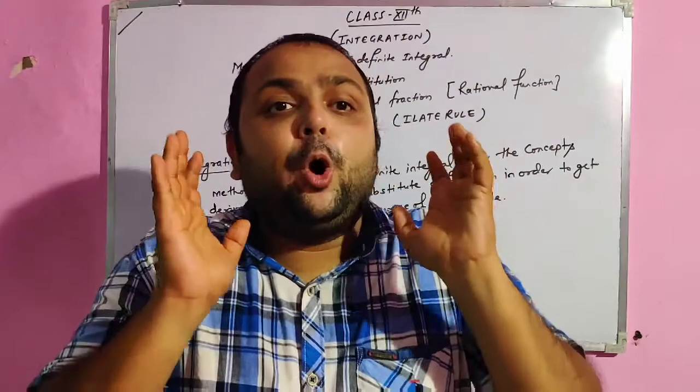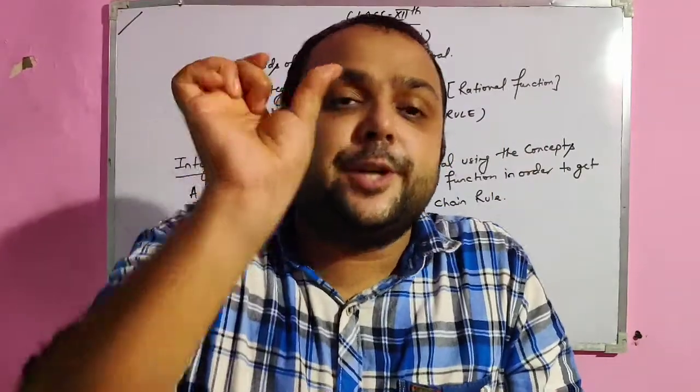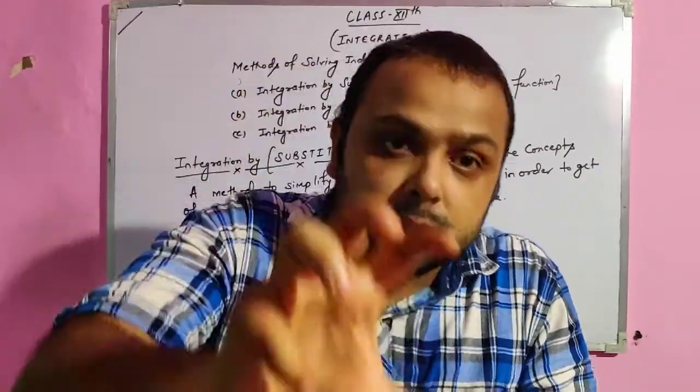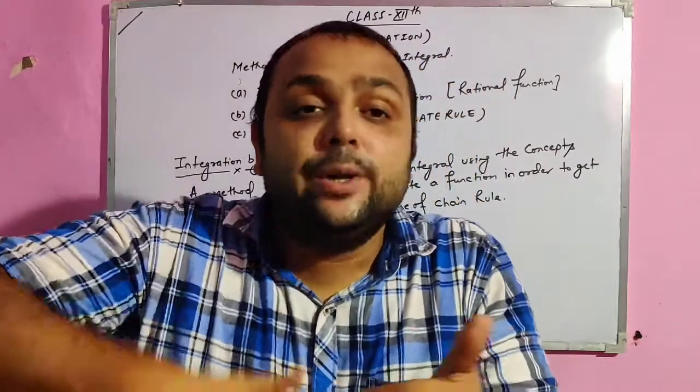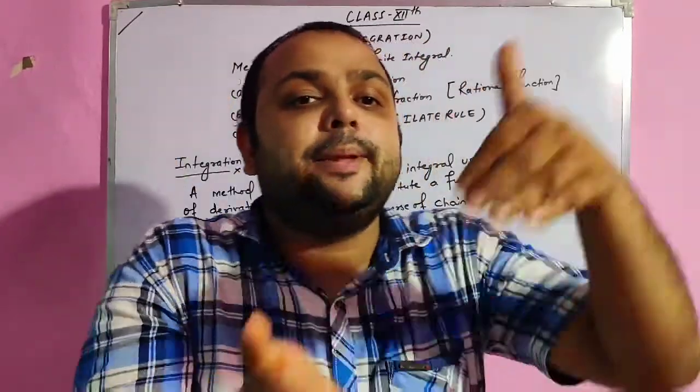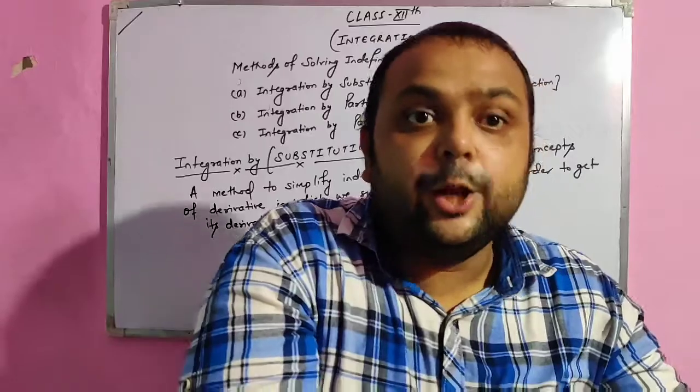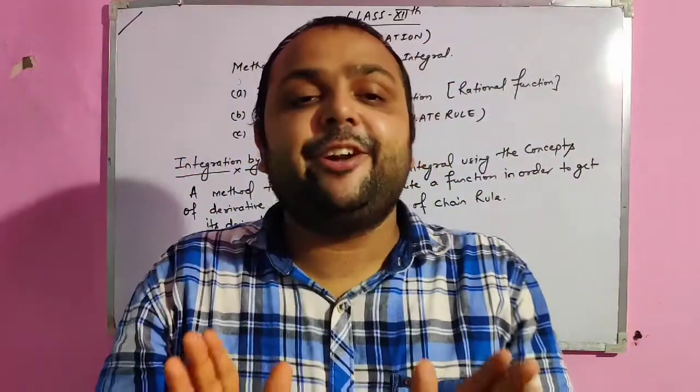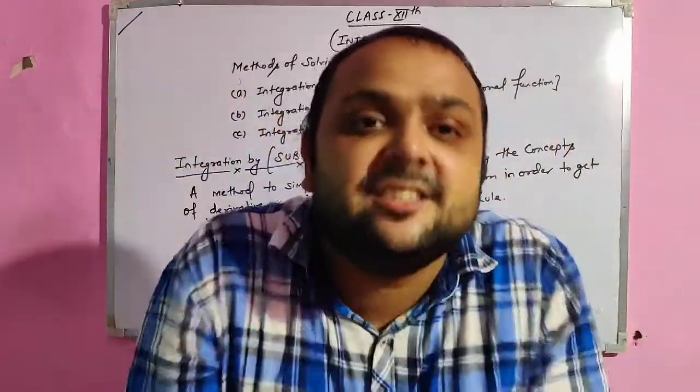So I hope all of you understand the meaning of substitution. We put a value and take its derivative in order to eliminate the remaining value, to make our indefinite integral problem simple and easier.